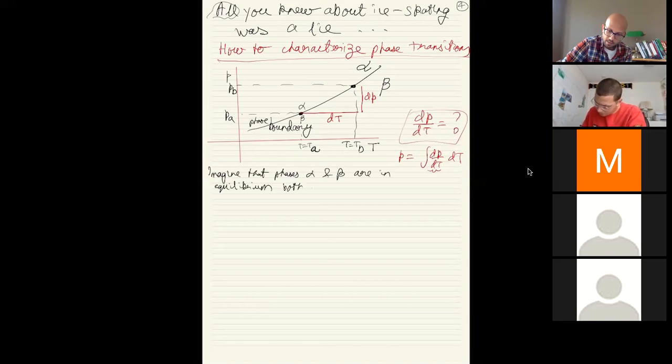Both at point A, so this over here is my point A, and this over here is my point B, are both at equilibrium. Because that's the phase boundary, right? They are at equilibrium at this point also. I'm just picking up two of them, points A and point B.